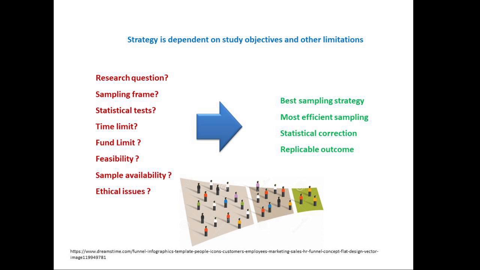A simple example. What is your research question? You should ask, what's the sampling frame? You have to ask, what type of statistical tests do I need to perform after collection of data? Are we going to do an observational study or an experimental study?